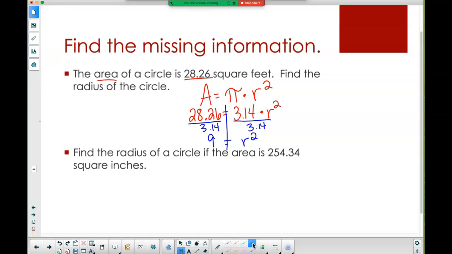No. You guys, that says 9 equals r squared. Okay? So there's a couple ways we can do this. What number times itself will give us 9? Because that's what r squared means. R squared means what number times itself gives us 9? 3. So the radius is 3.